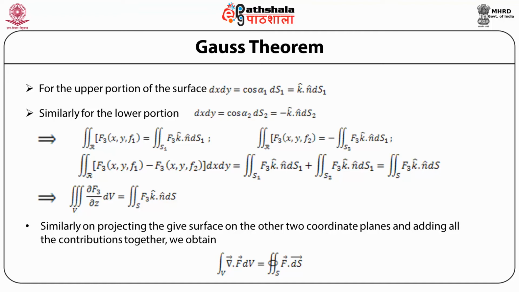The surface integral over R of [f3(x,y,f1) minus f3(x,y,f2)] dx dy equals the surface integral over S1 of f3 k cap dot n cap ds1 plus the surface integral over S2 of f3 k cap dot n cap ds2, which equals the surface integral over S of f3 k cap dot n cap ds.